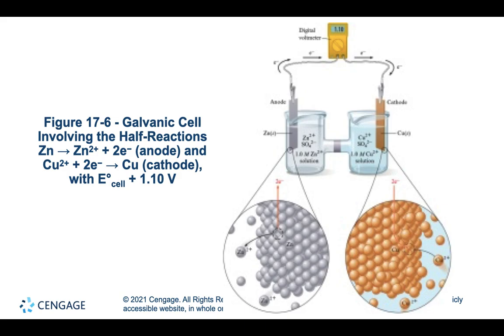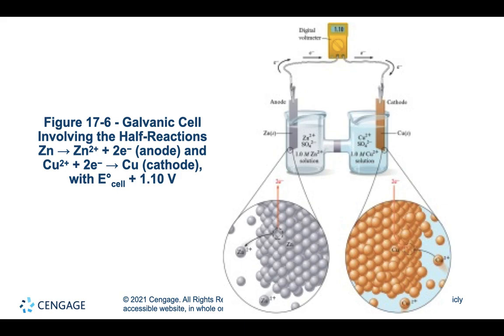Meanwhile, over on the right, we see the cathode where reduction is occurring. On that side, instead of metal atoms becoming ions, we have ions in the water turning into metal atoms and depositing on the surface of the copper electrode.